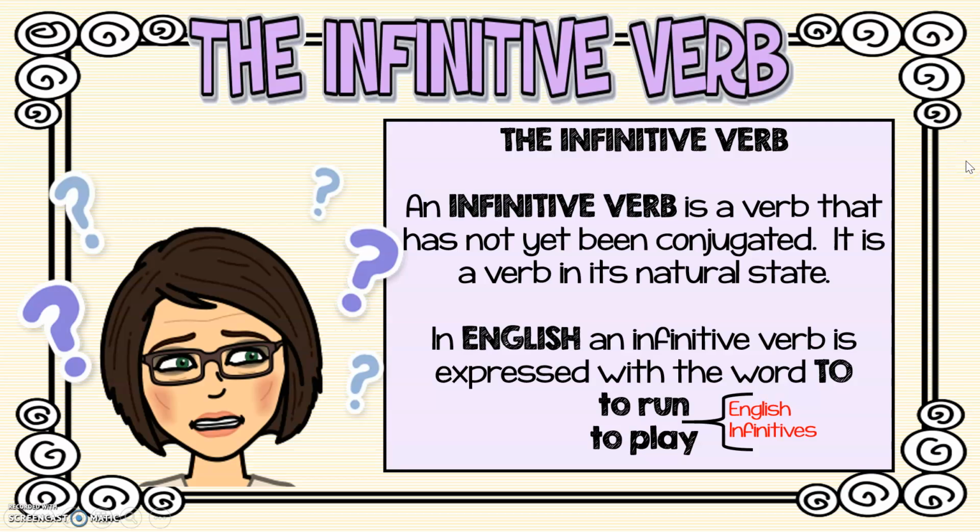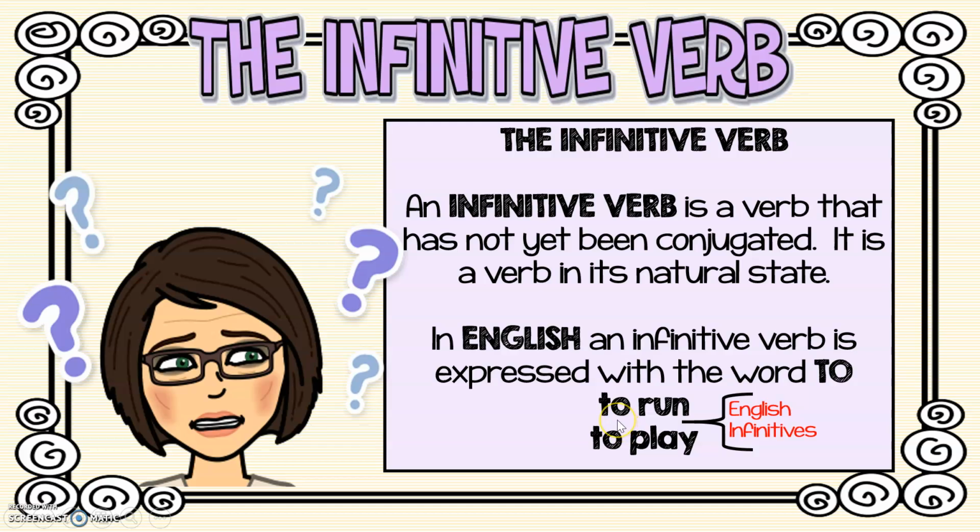So the first thing you have to know, and this is a very important term, is the infinitive verb. The infinitive verb is a verb that has not yet been conjugated. It's in its natural state. Now, in English, our infinitive verbs are expressed with two words, with the word to in front of it.